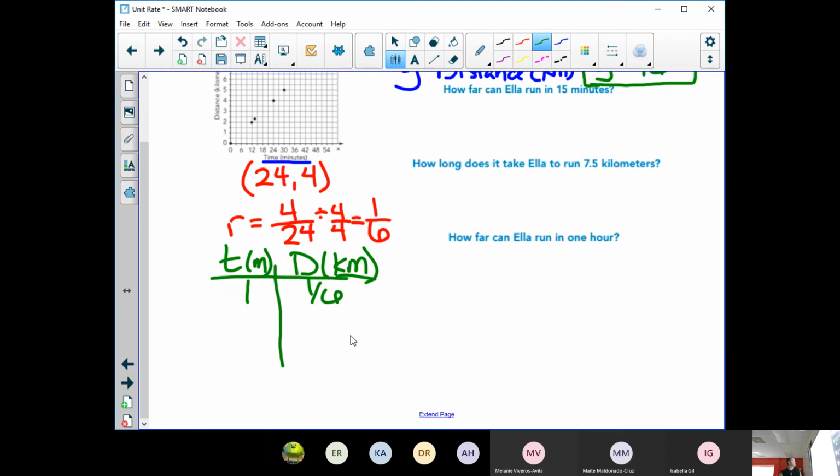And we also know that she can run 4 kilometers in 24 minutes. And I got those numbers from this right here, from my 24/4. Okay.